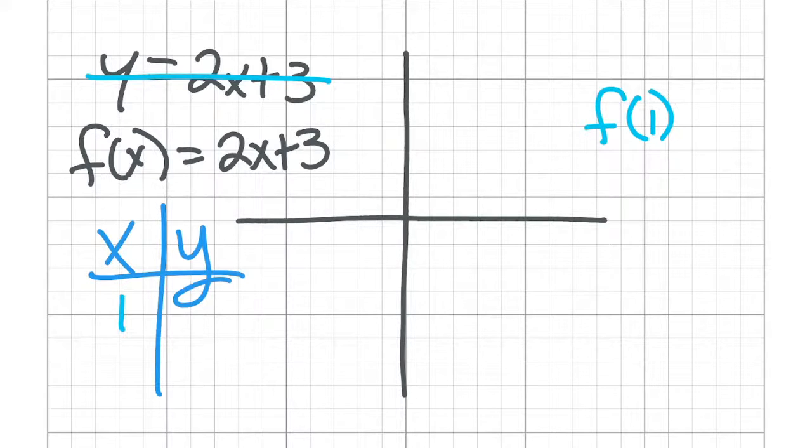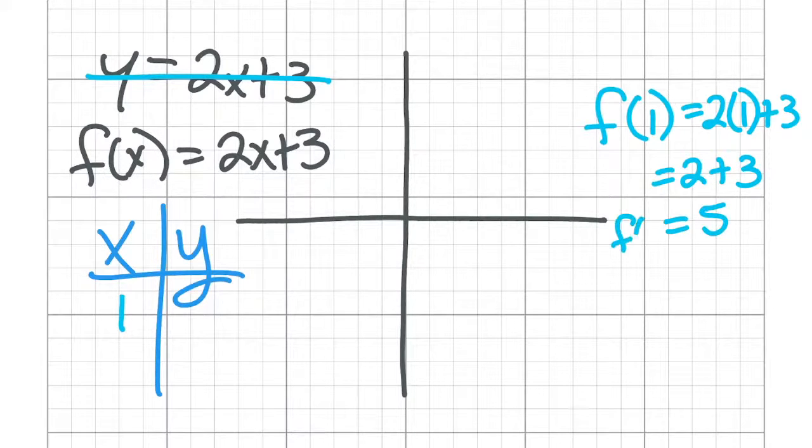So let's solve for our positive number. So f of 1 is equal to 2 times 1 plus 3, okay? All I did was I took this 1 and stuck it in here just like we did in our previous videos. So fine, f of 1 equals 2 times 1 plus 3, which is 2 plus 3, which is 5. f of 1 equals 5, okay?